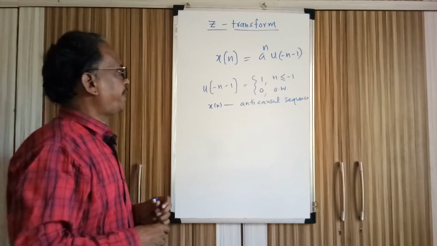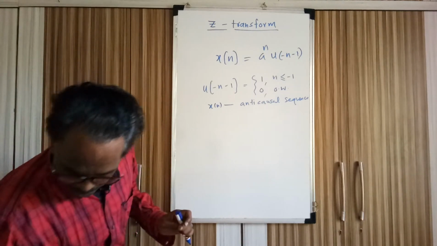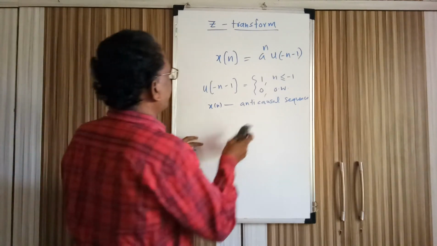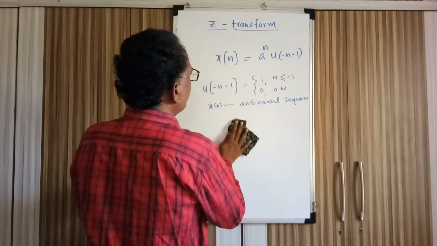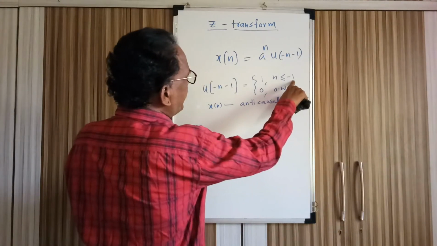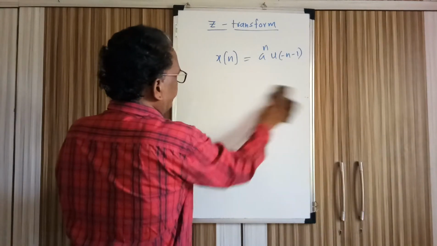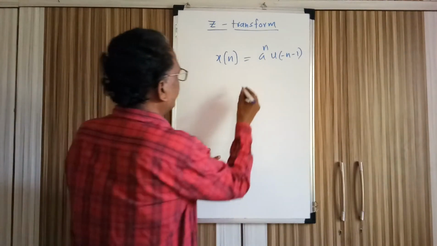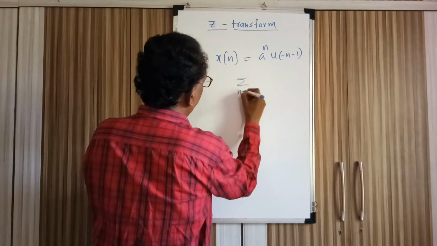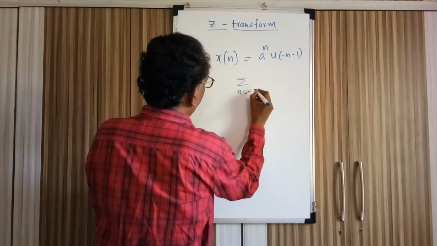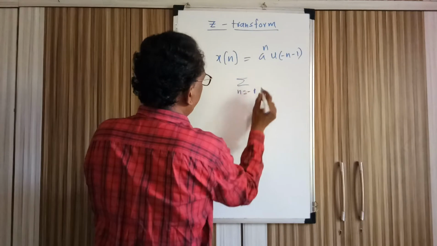Let us find that. So let us find the Z transform of the sequence x of n, a raised to n u of minus n minus 1. Remember the limit is minus 1 to minus infinity. So here the limit of the summation is n equal to minus 1 to minus infinity.